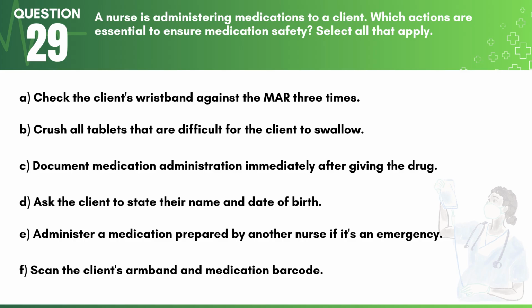C. Document medication administration immediately after giving the drug. D. Ask the client to state their name and date of birth. E. Administer a medication prepared by another nurse if it's an emergency. F. Scan the client's armband and medication barcode.